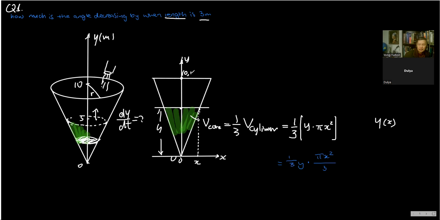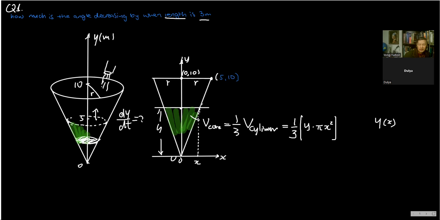This other coordinate is the radius, so it's 5, 10. We know the height is 10. So how can we work out the relation between x and y?